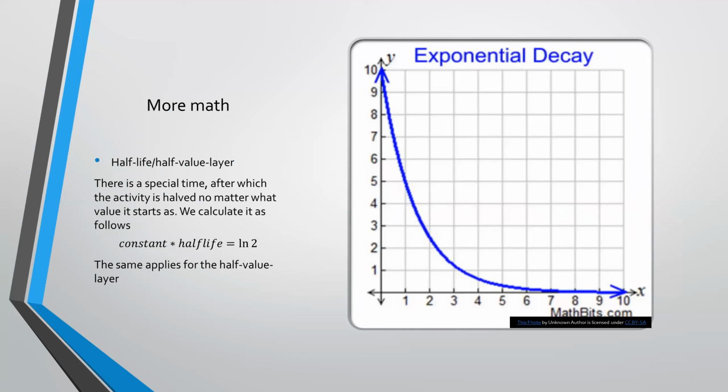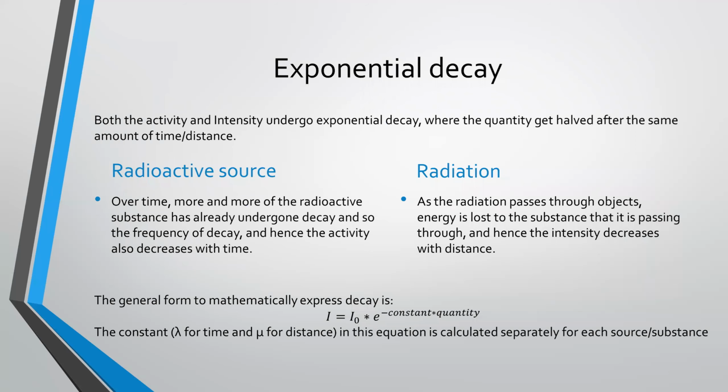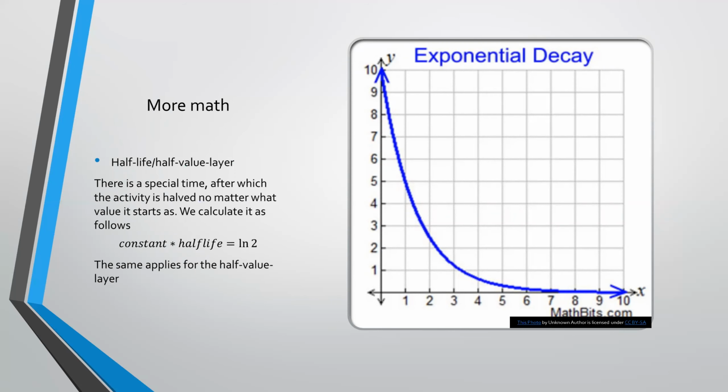Then there are new terms, which are, as I said, half-life and half-value layer. The constant depends on time and distance, and the relation will depend on that. So here we have half-life. At a particular moment of time, the activity becomes exactly half.